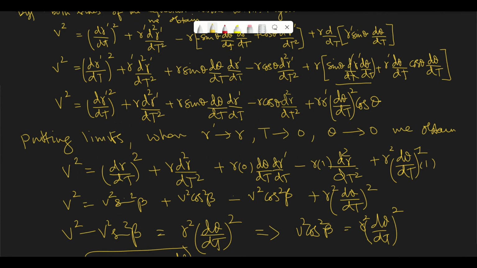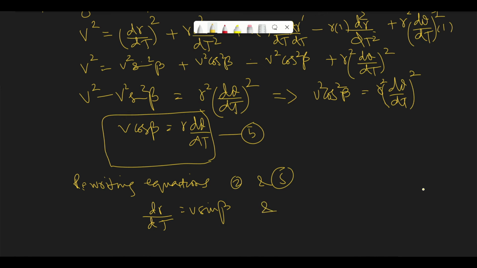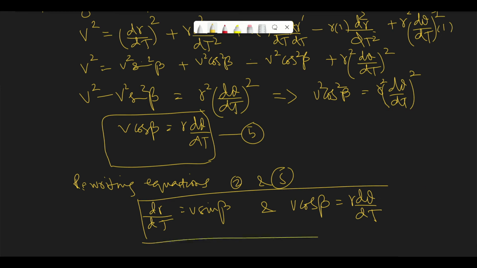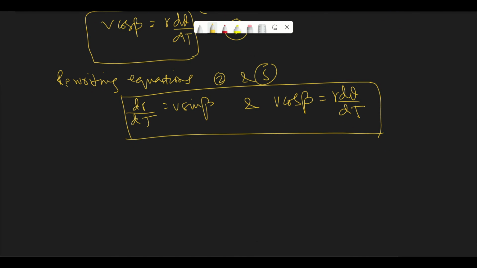So this is the fifth equation. So rewriting equations 2 and 5, dr/dt is equal to v sin β and v cos β is equal to r dθ/dt. We obtain the desired result. So these are the desired results that we are trying to find.